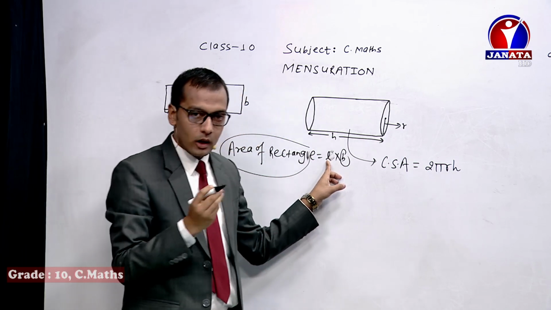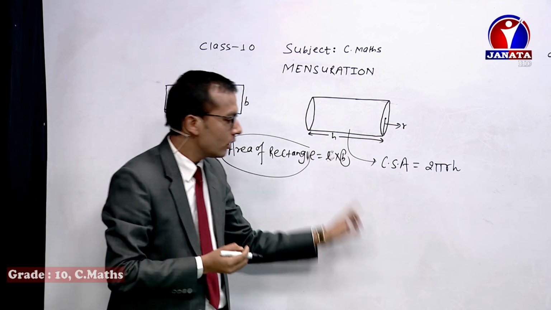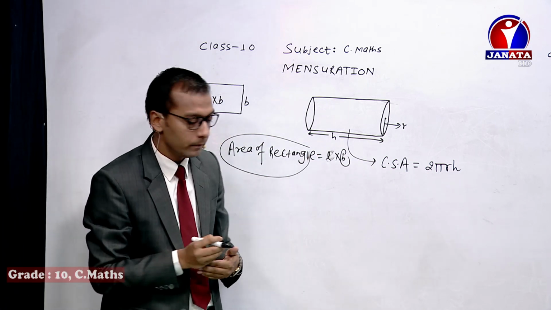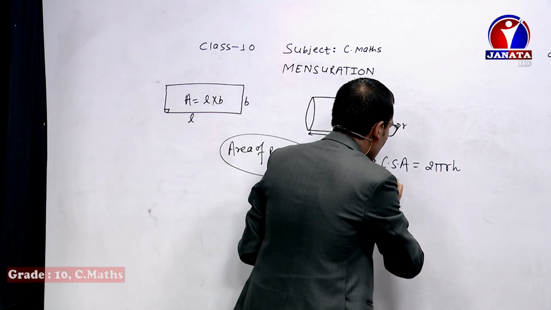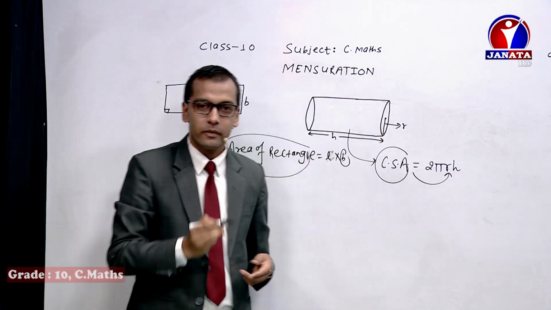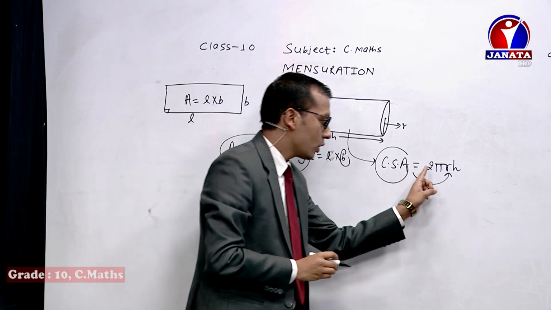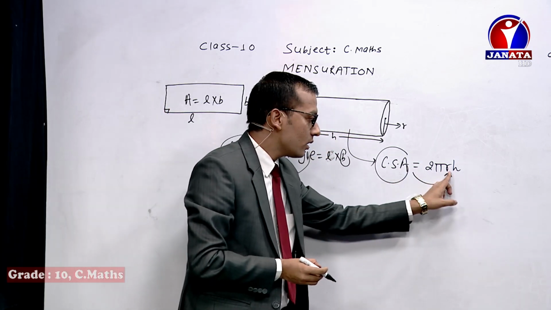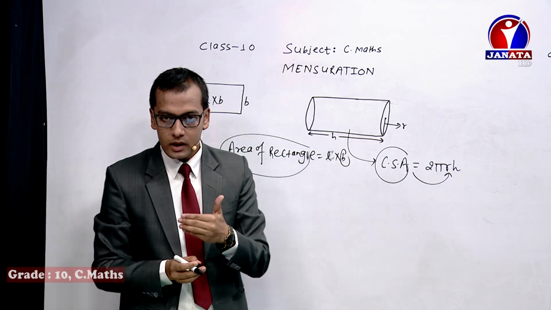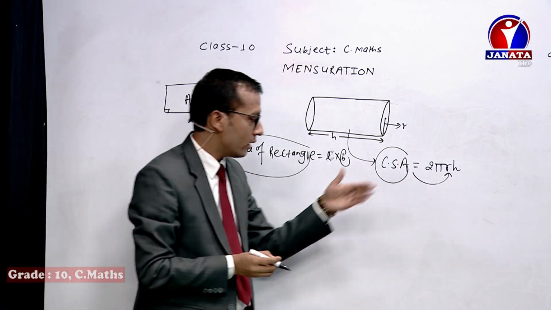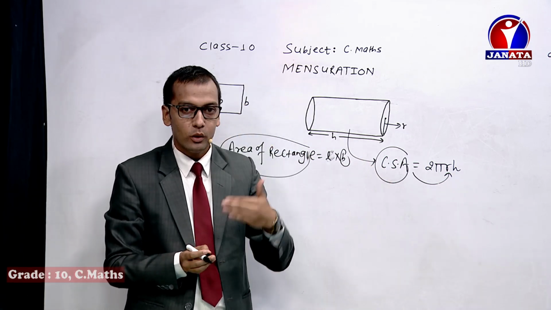Length becomes circumference. So what is the formula to find circumference of a circle? It's 2 pi r. So curved surface area or lateral surface area of cylinder is 2 pi r times height. r is radius of circular base of cylinder, h is height of cylinder, and pi is constant. We know what is the value of pi.